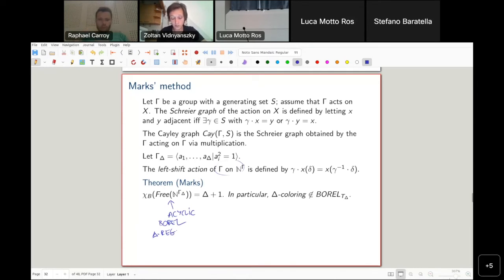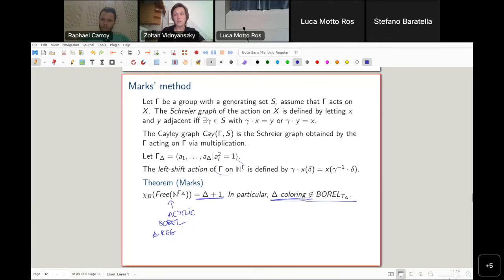It's not hard to check these things, but the point is that its chromatic number is delta plus 1. So in fact, surprisingly, the upper bound, even in the case of acyclic graphs, given by Kechris, Solecki and Todorcevic, is sharp. With this terminology, delta coloring is not in Borel-T delta.